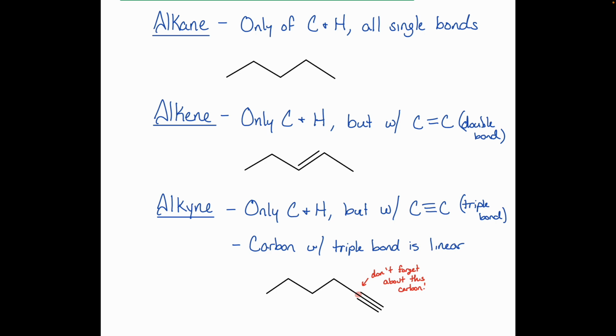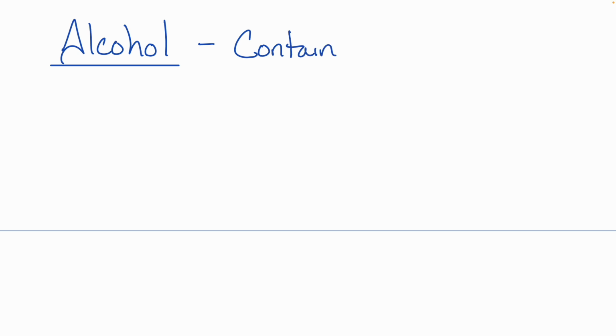All right, so now let's get to some of our heteroatom functional groups. We sort of already mentioned this one a few times. Alcohols. These contain an OH group, which is what's called a hydroxyl group. Sometimes we get lazy and just refer to it as an alcohol group, but technically speaking, it's a hydroxyl group.